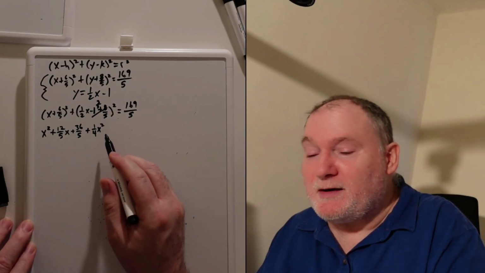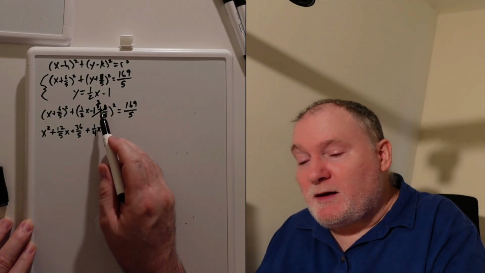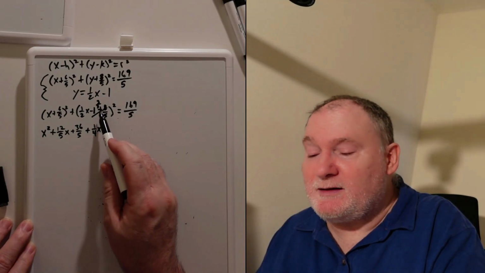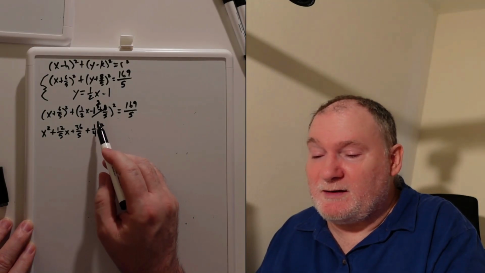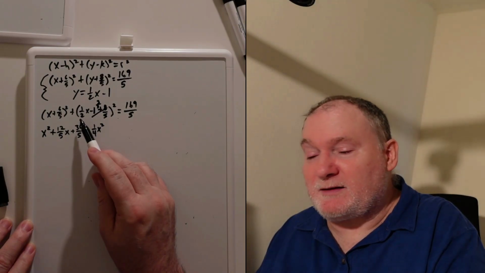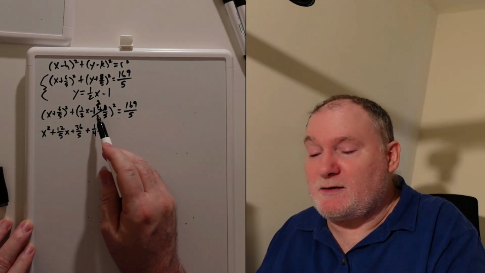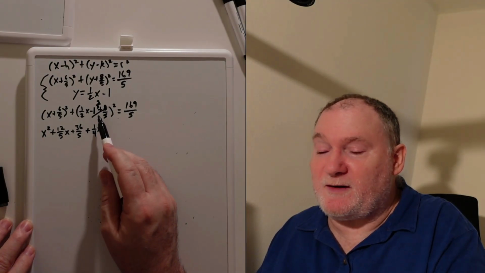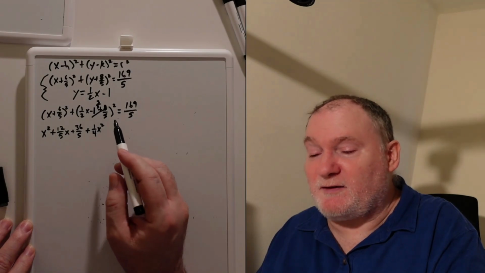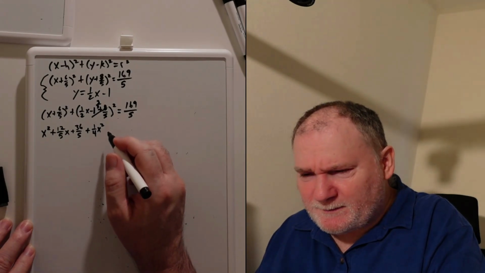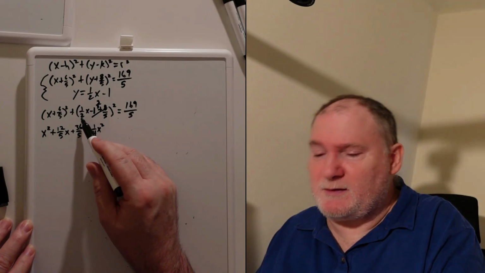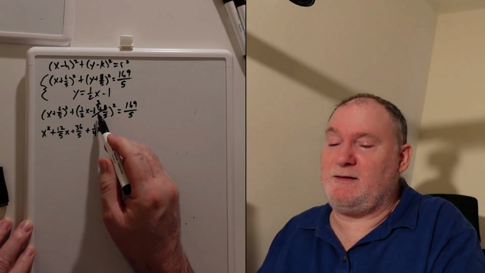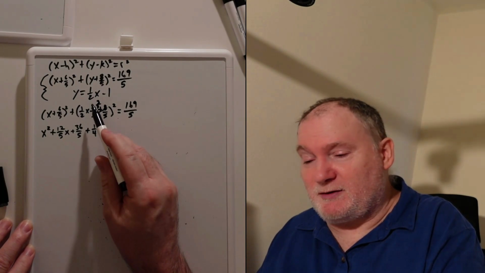Gotta watch your powers. 3/5 x times 1/2 x plus another 3/5 x times 1/2 x is 2 times 3/10 x, which is 3/5 x. You're halving it and then doubling it, which gives you that back.